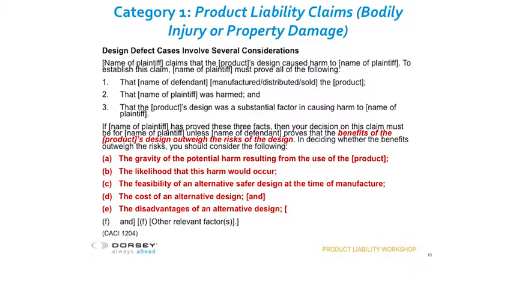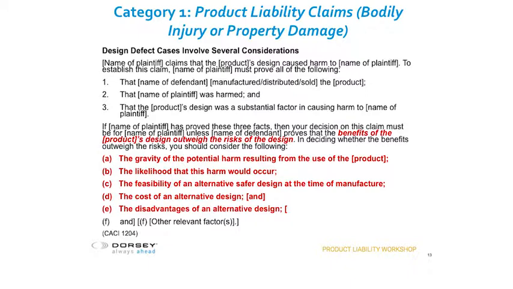I really want to emphasize on this slide and in this point the second set of considerations that a jury is required to take into consideration. This is a balancing test and involves a great deal of subjectivity. They are balancing the harm or the potential harm of this particular design with the feasibility of an alternative design, with a special emphasis on the costs of an alternative design.